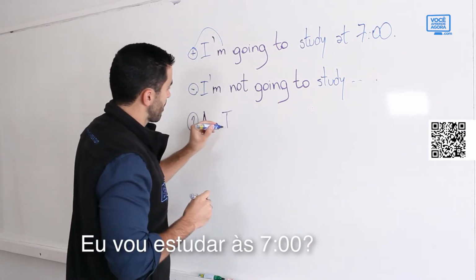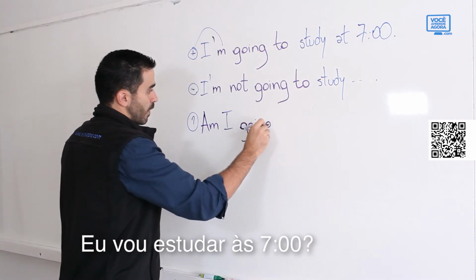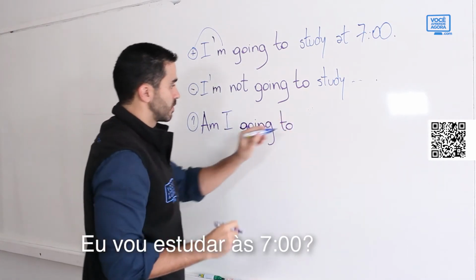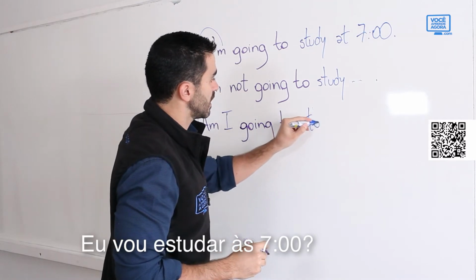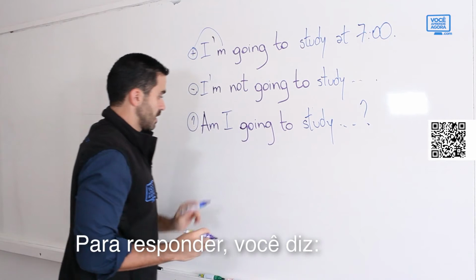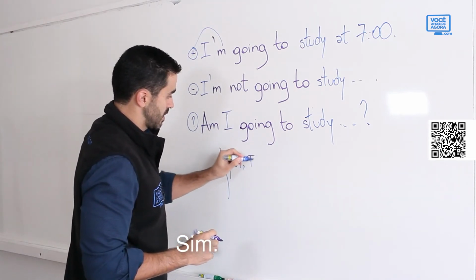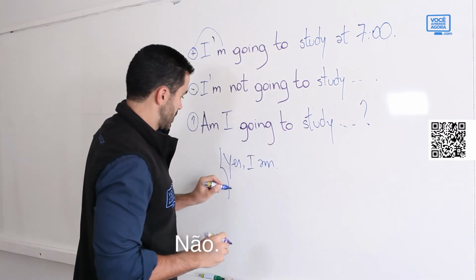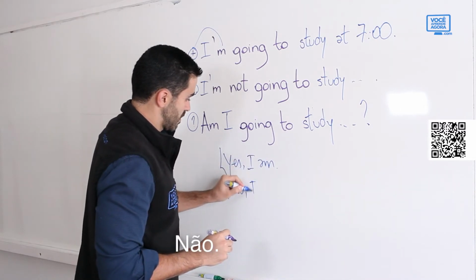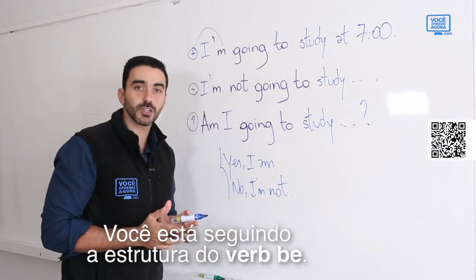Am I going to study at 7? To answer, you say, yes, I am, or no, I'm not. You are following the structure of verb be.